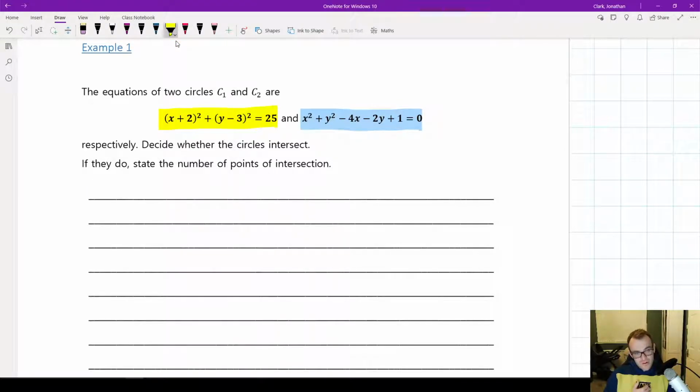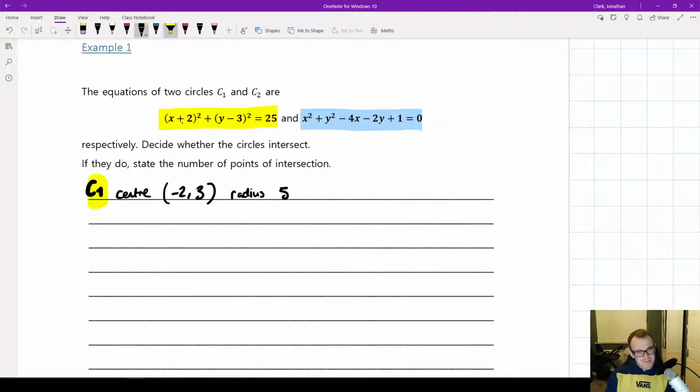The first circle is going to be quite easy. I'm going to call that C1. The center for the first circle, I can just read this off, is going to be -2, 3. And the radius is going to be 5.